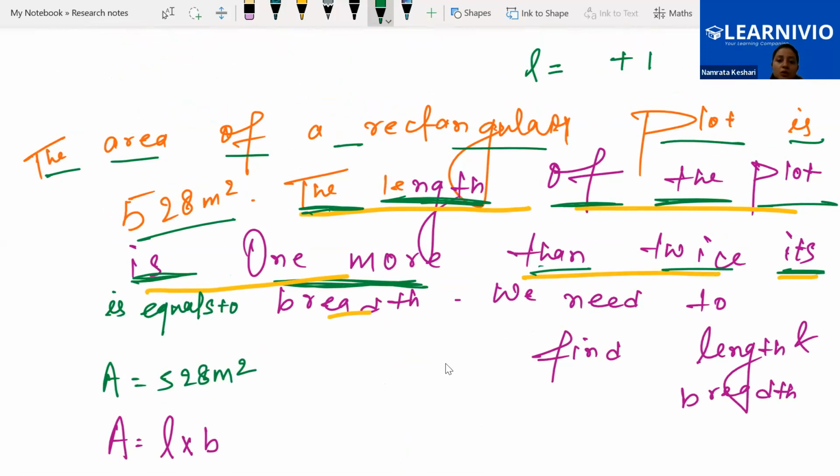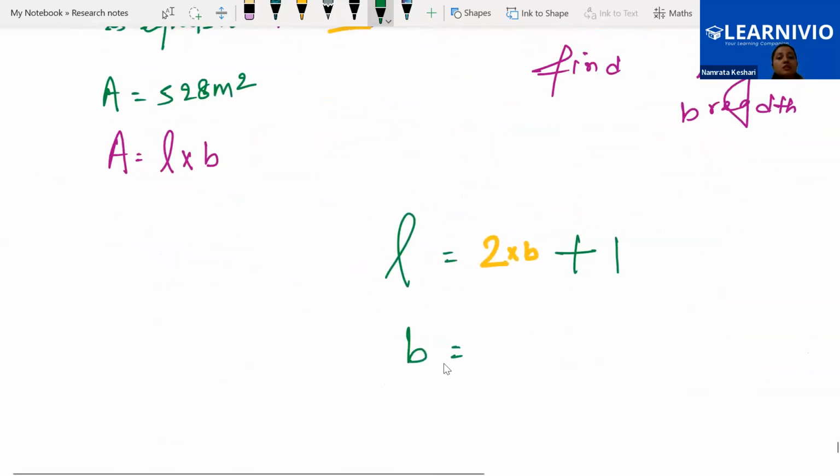Here it says that length is one more than two times breadth. So if we start our assumption, let's say breadth is x, then length will be 2x plus 1. Can we say that? Everyone getting it?